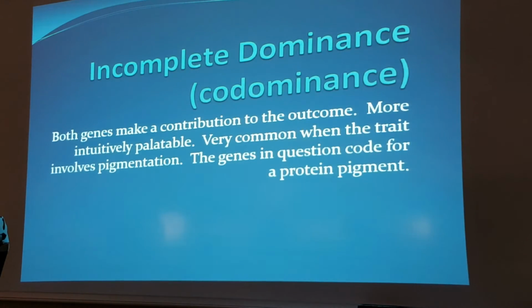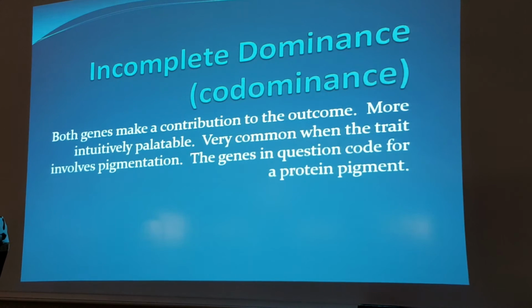So that was problems where you had dominant and recessive situations. If you have a dominant gene present, it's just as though the other one isn't even there. What if both alleles make a contribution to the phenotype? This happens very often in the case of pigments. Many pigments in nature are made out of proteins, so they're coded for by genes.